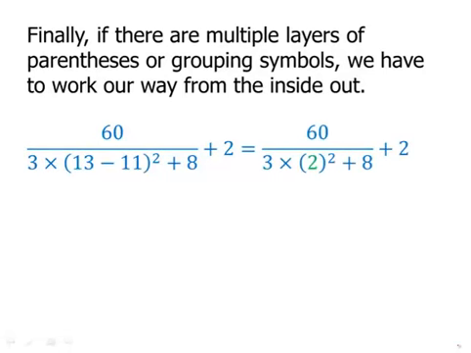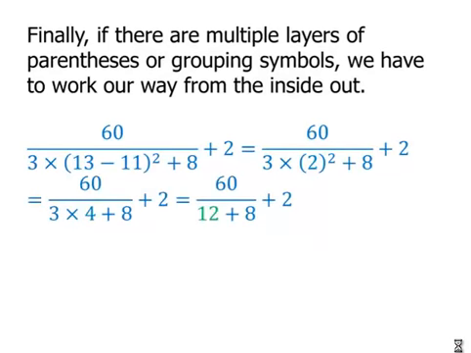Now, still under the long fraction bar, I have to do all that. I have to do 2 to the exponent, then the multiplication, then the addition. Now we're down to a single number. So now we can actually divide. We can divide 60 by 20. Of course, that's 3, and then add 2, and we get 5. So that's how we have to handle multiple layers of parentheses and grouping symbols.